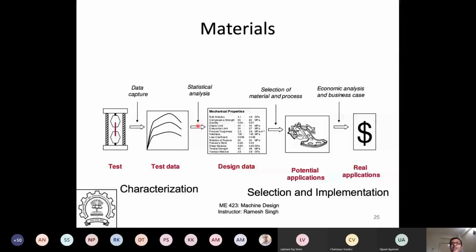So after you have designed, then you can select the material and processes. So basically, you'll have to select what material to use and what processing techniques you would use. And then after that, you will have a potential product, right? So these are the steps.